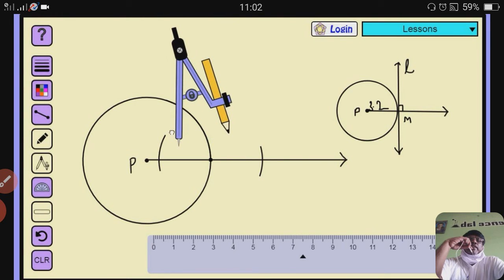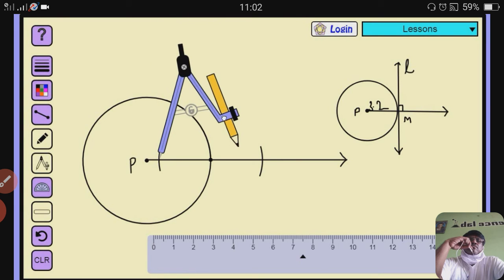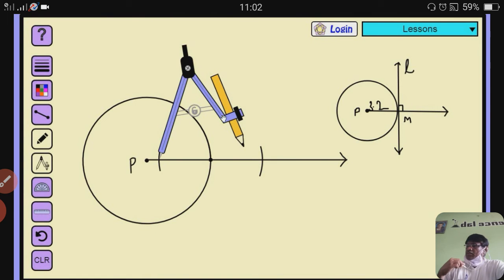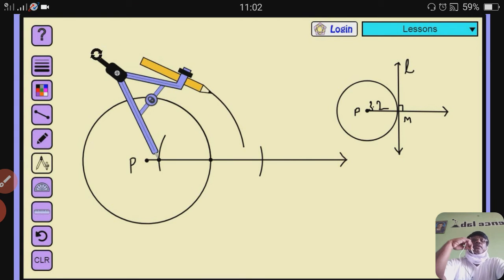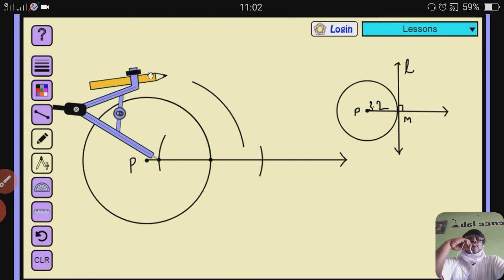Move the steel point inside the arc of the circle and take a suitable distance between pencil and steel point.